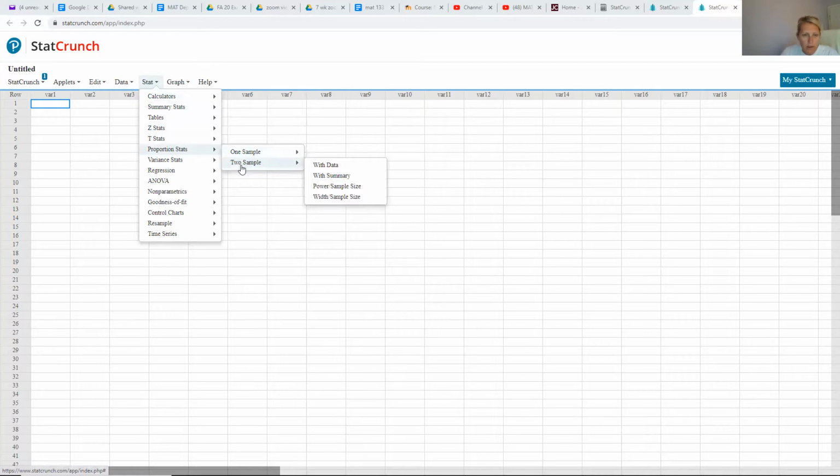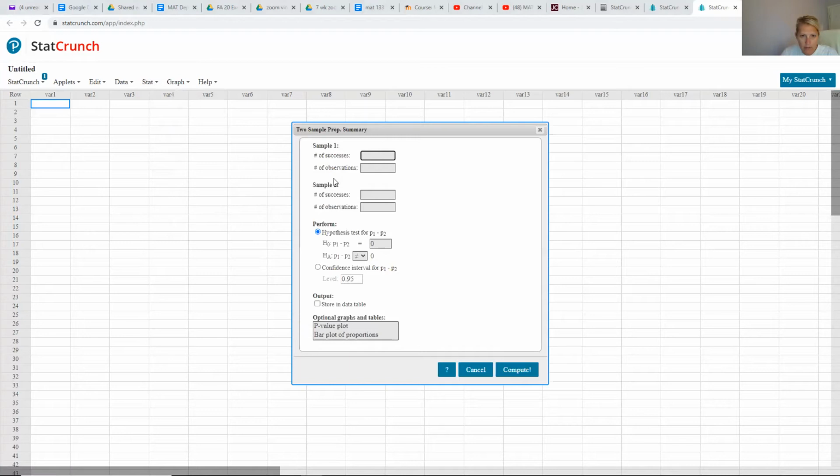So proportion statistics, two sample, and we have summary data, okay? And so we have sample 1, successes and observations, and sample 2. So let's go ahead and enter those. We have 350 out of 963. And then we're going to tab down and say 447 out of 954. And this is a hypothesis test between the difference.